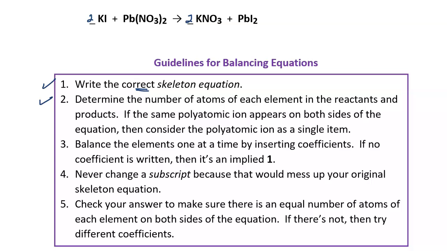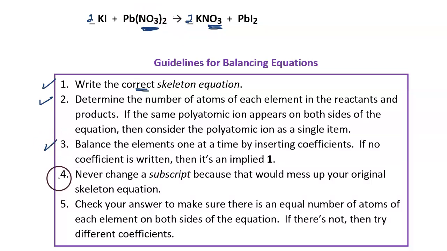If the same polyatomic ion appears on both sides of the equation, then consider it as a single item. I had done that on number 2. NO3 is a polyatomic ion, and over here the NO3 is polyatomic. I considered it as a single entity. I did not separately count N's and count O's. I kept NO3 together and observed there were 2 of those.